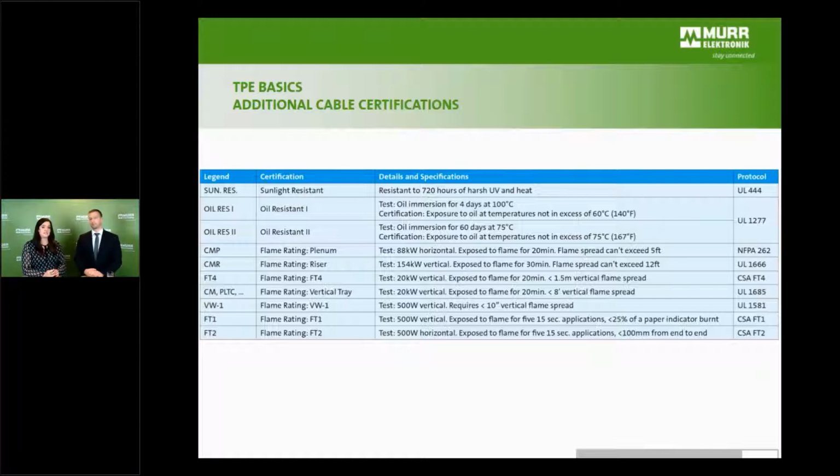Great. All right. So Sebastian, let's turn our presentation off quickly. It looks like we have a few questions here. What would you say the biggest advantage of TPE is? So the biggest advantage is that you can have the NFPA 70 and also the NFPA 79 approval, and you can use the cables everywhere in the plant.